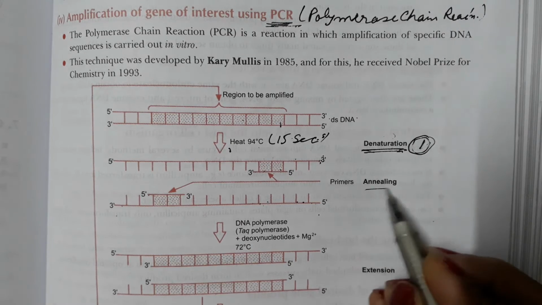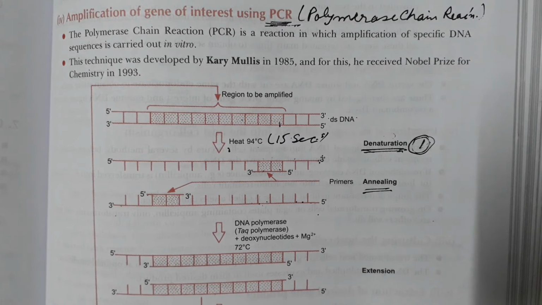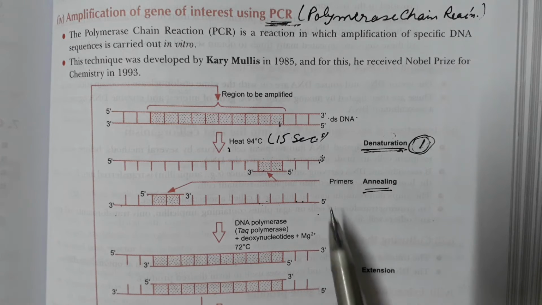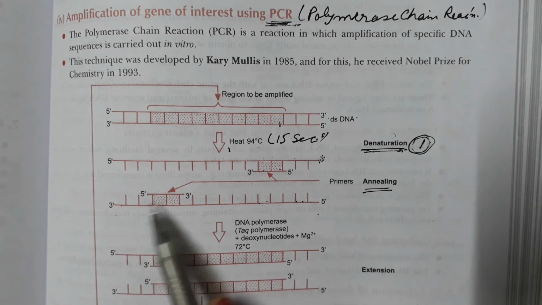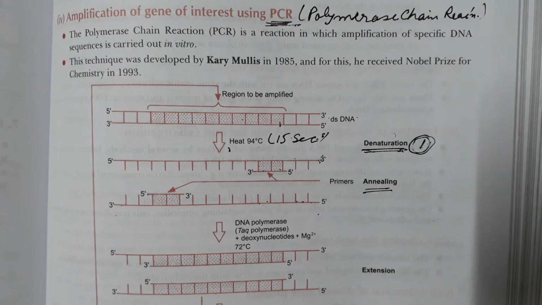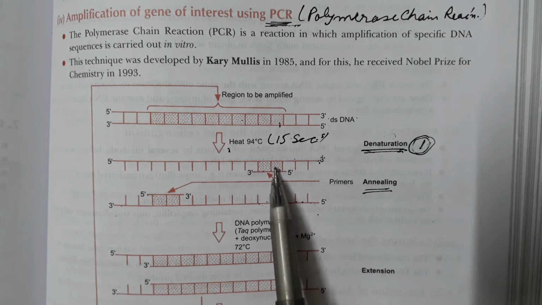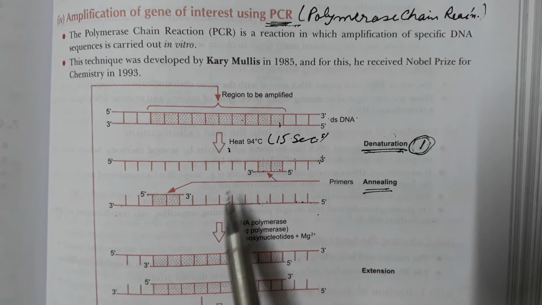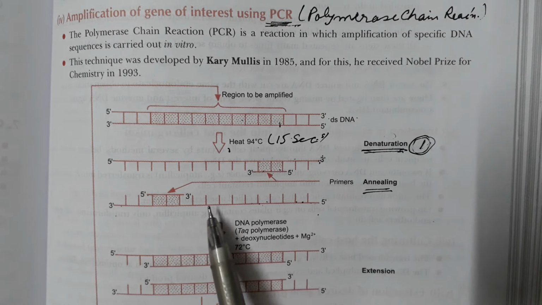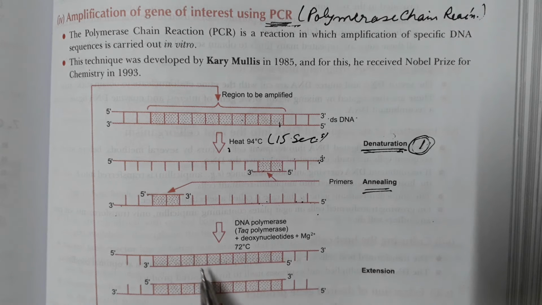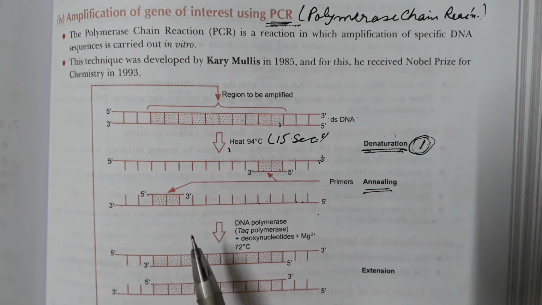This is the second step, annealing, in which primers are annealed to the 3' end of the separated strand. What is the function of primers here? Primers act as initiators of replication. After this, replication starts on the DNA template and a new strand of DNA is synthesized.